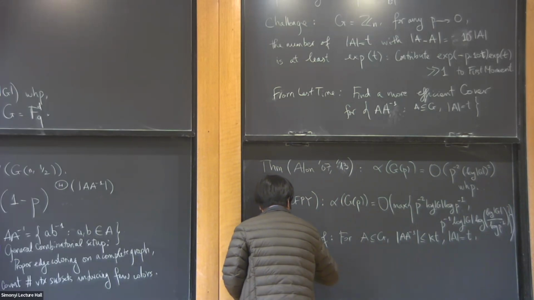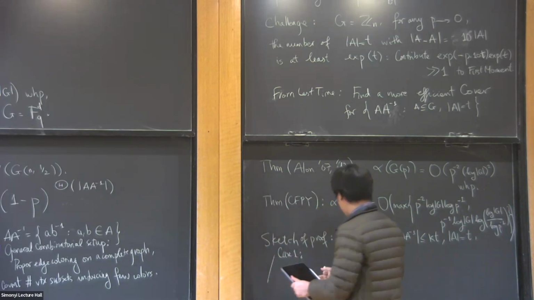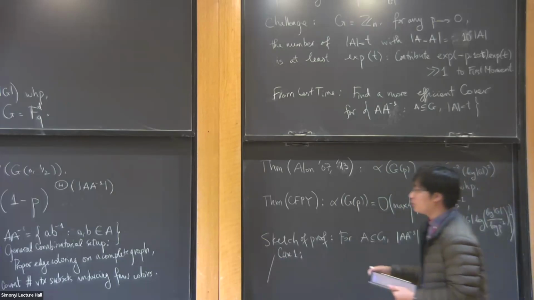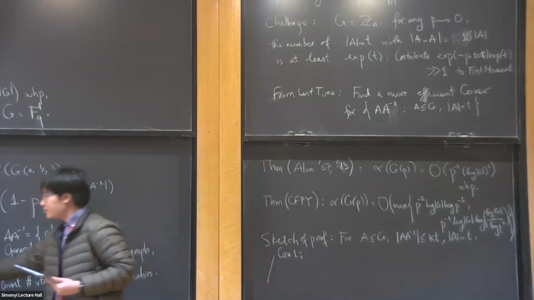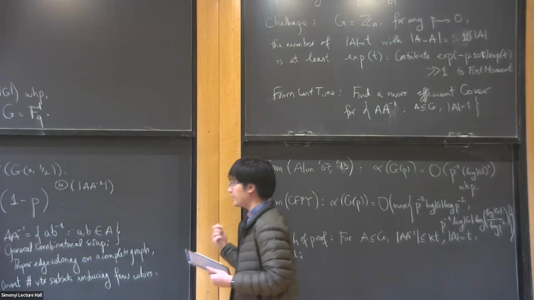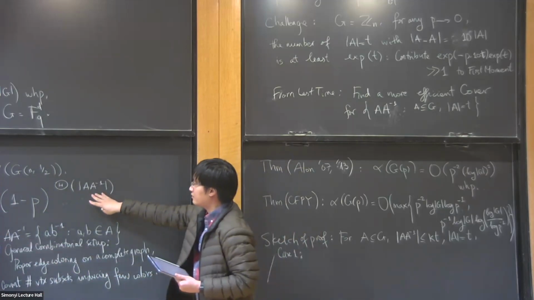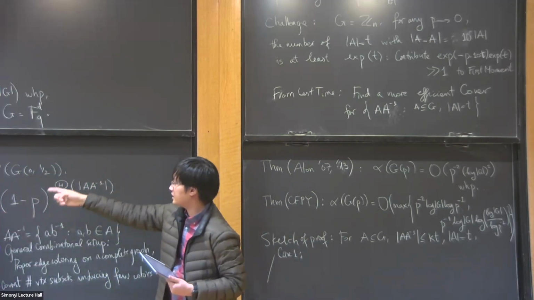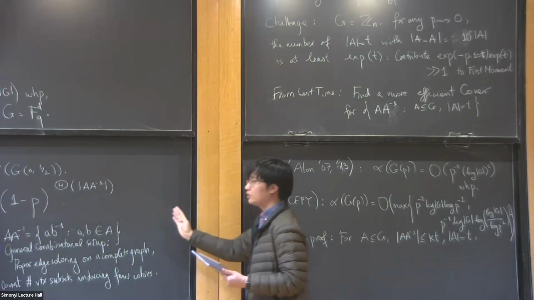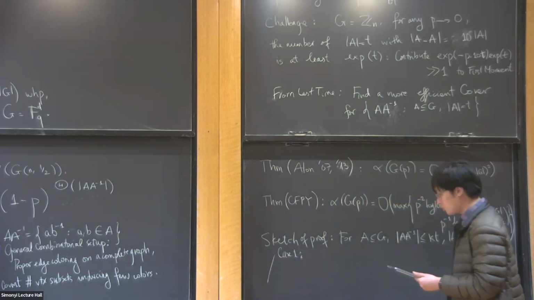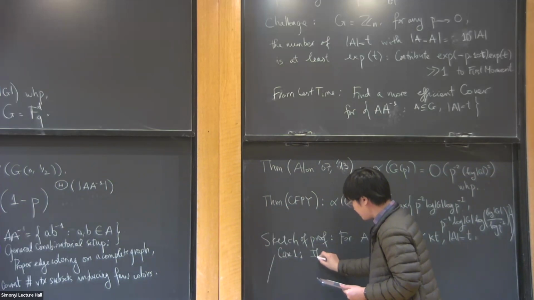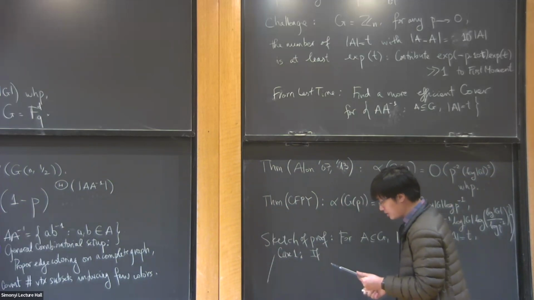So in case 1, if the doubling K is already large enough, then we can just directly apply this counting bound. If the doubling K is large, if A times A inverse is sufficiently large, then combining this counting bound with this probability still gives us a very small term. So the contribution of these terms to the first moment is still small, and we can just go with counting instead of having to switch to a smarter cover.